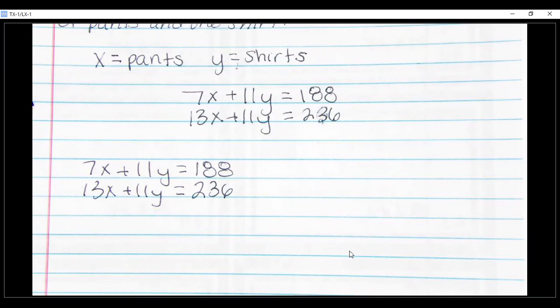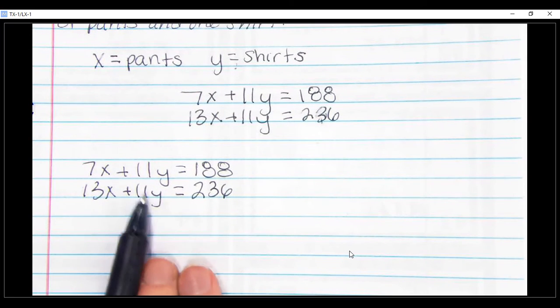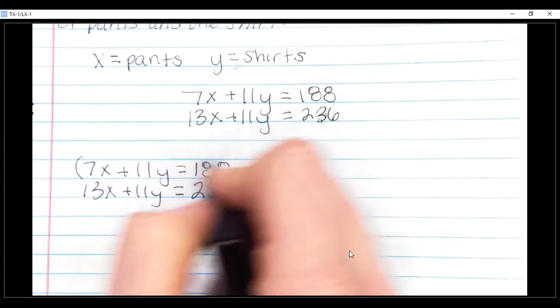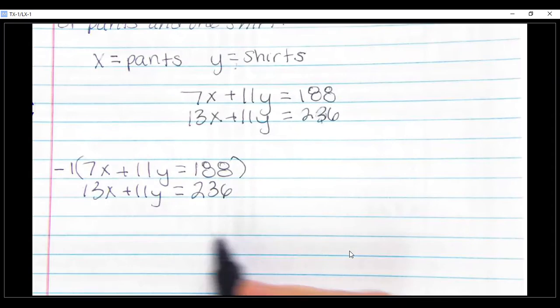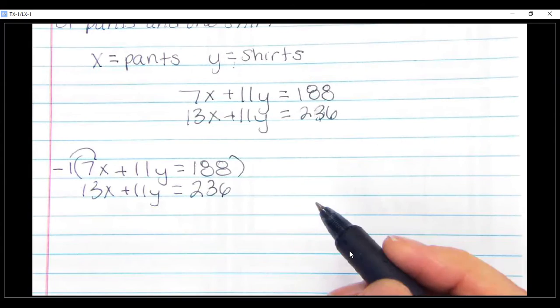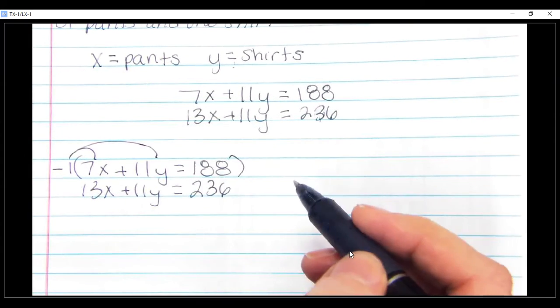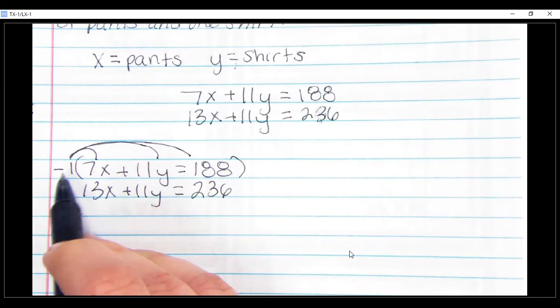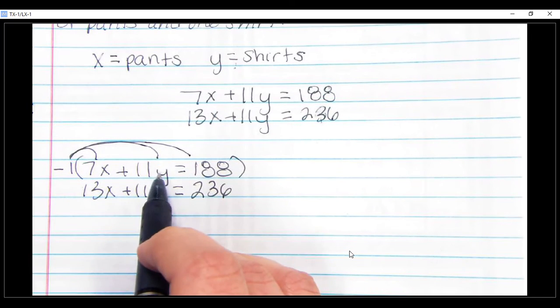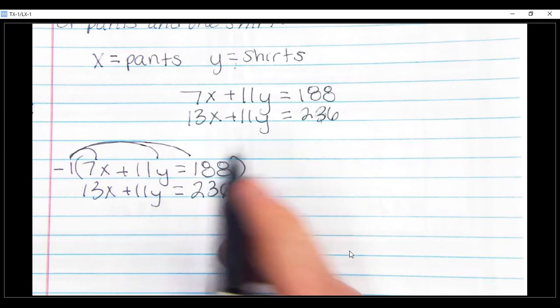So if I was going to use elimination, I think the easiest way is to eliminate one of these 11s. And to do that, I'm going to multiply by -1. Negative 1 times 7x and negative 1 times 11y, negative 1 times 188.